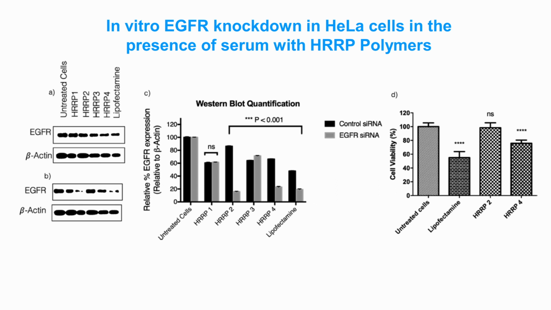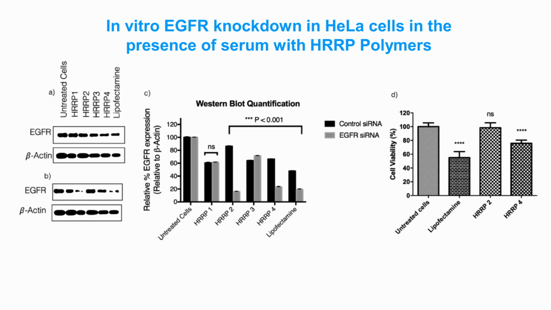The same structure, everything is the same, but just changing a parameter, like molecular weight or the composition, changes a lot in the biological output, right? So you see we have 3 different polymers with the same composition, but they give very different biological output. For example, with HRRP2, you can see that we have the highest gene knockdown.